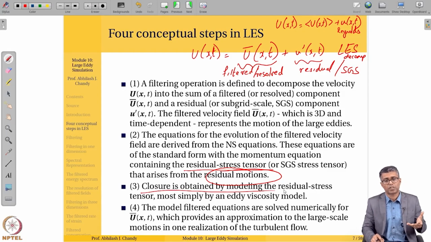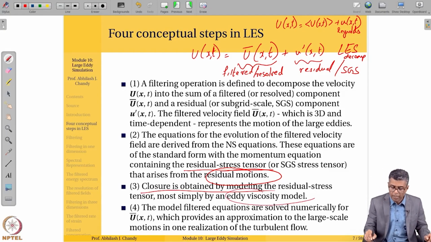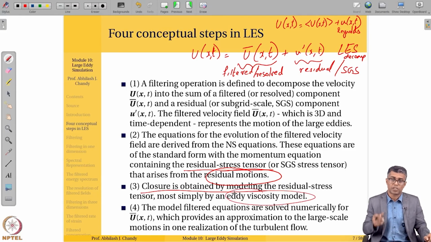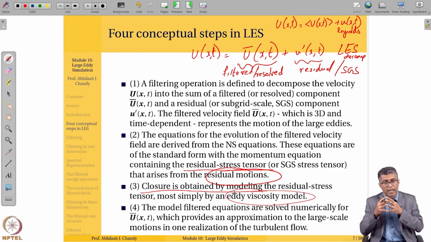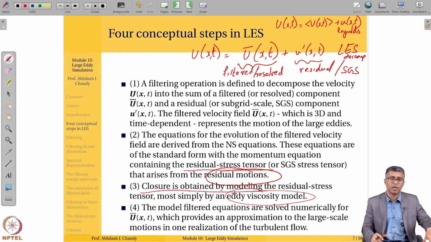And the simplest form is what we call an eddy viscosity model. The Smagorinsky model is an example of an eddy viscosity model. There are other eddy viscosity models that are out there, but the Smagorinsky model is a very popularly used eddy viscosity model. This model is used to close out the residual stress tensor that pops up when the Navier-Stokes equations are filtered.